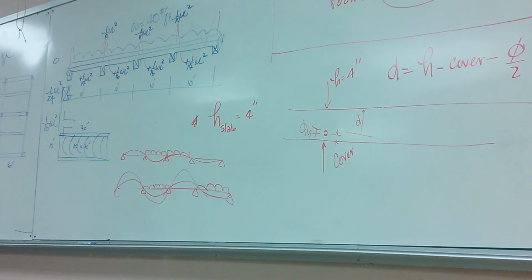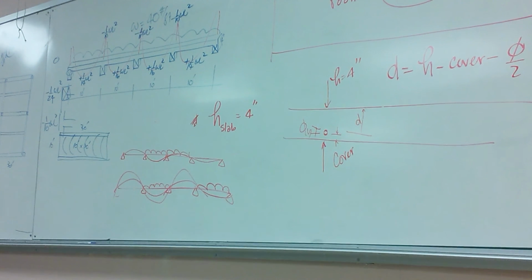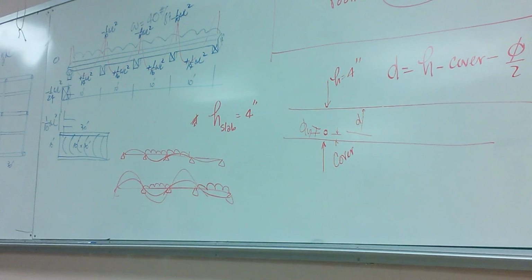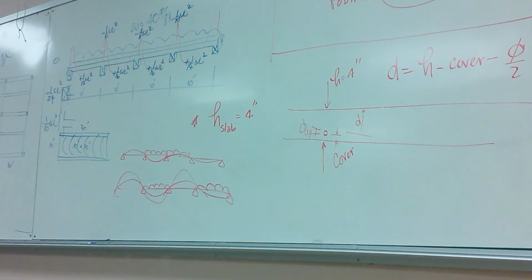But most of the time in a real building, the end is supported either by a column or by a beam. For the slab, it tends to be supported by a beam at the end, so the negative moment will be minus 1 over 24. So now if you know your omega and your span length, with all the coefficients, you know the negative and positive moments at all these critical locations.